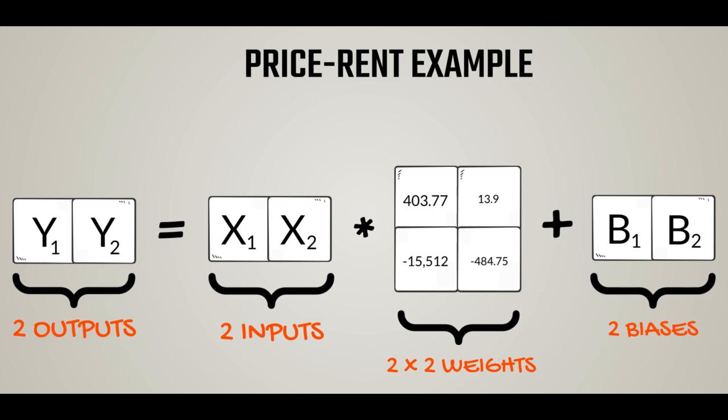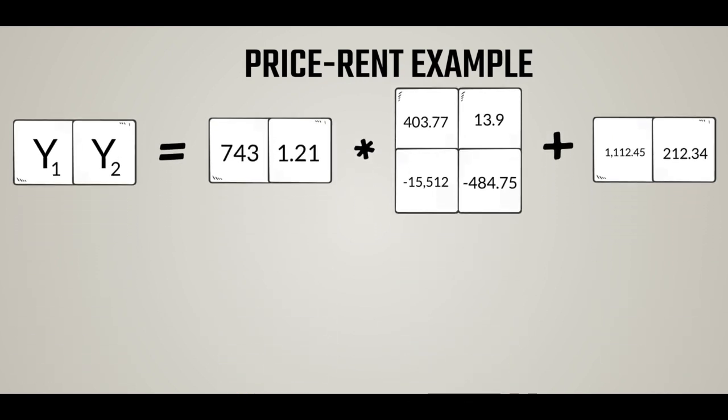And the weights for the rent be equal to 13.9 and minus 484.75. So, these are our w11, w12, w21, and w22. The biases are 1,112.45 and 212.34. The inputs are the same as before, 743 and 1.21 miles.